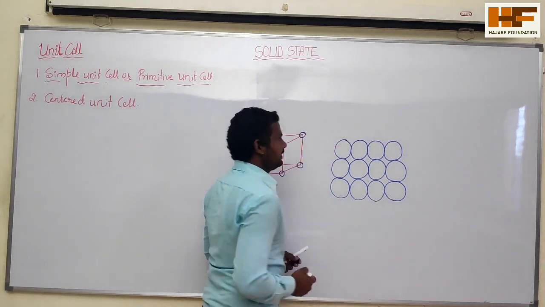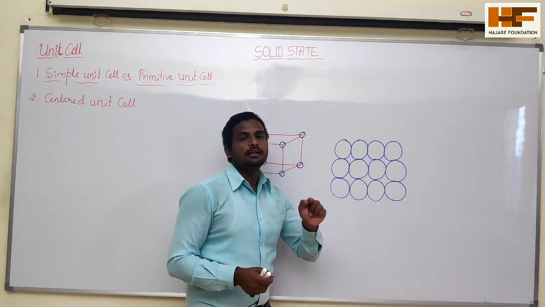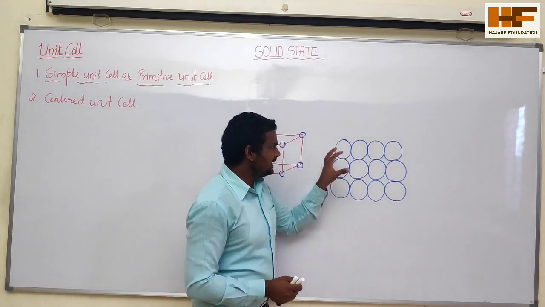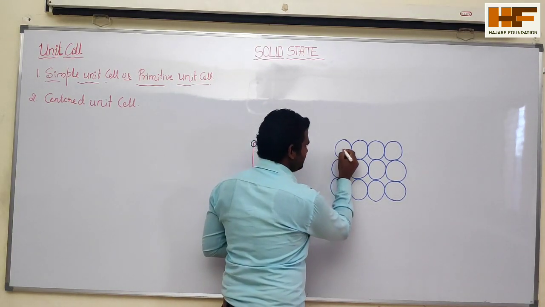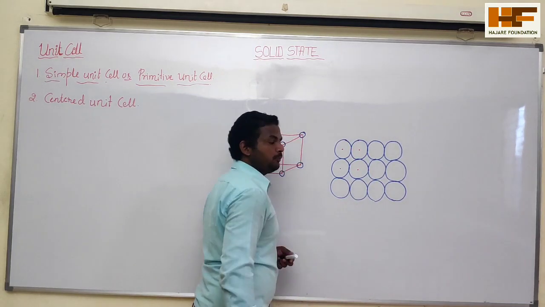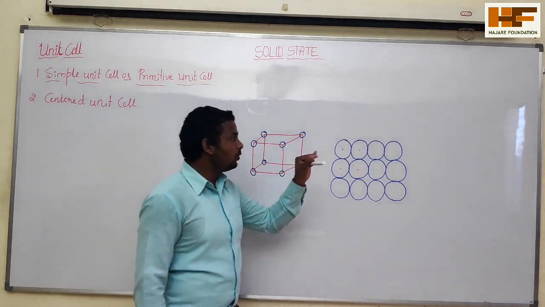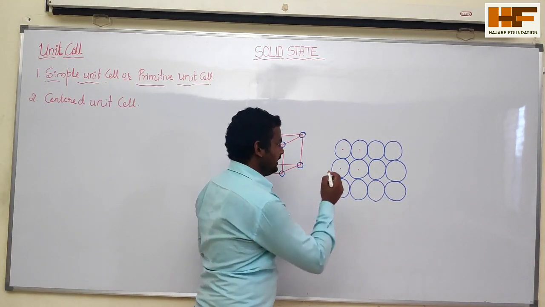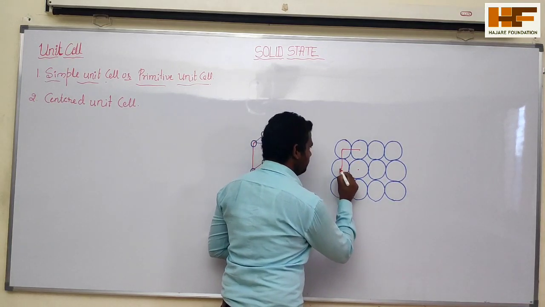These are atoms arranged in a regular pattern in a crystalline solid. At the center of these atoms we make a point, and these points we call lattice points. Suppose you join only these lattice points by a straight line.